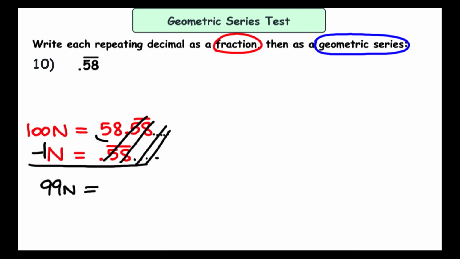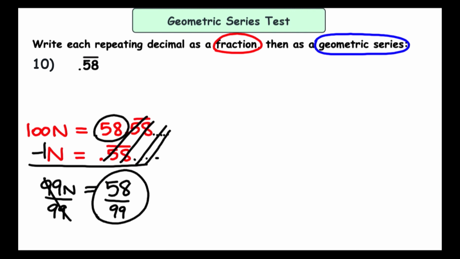And you're just going to be left with 58. Divide both sides by 99. And n, which is a letter I made up, is 58/99. And 58/99 is exactly 0.58 repeating.